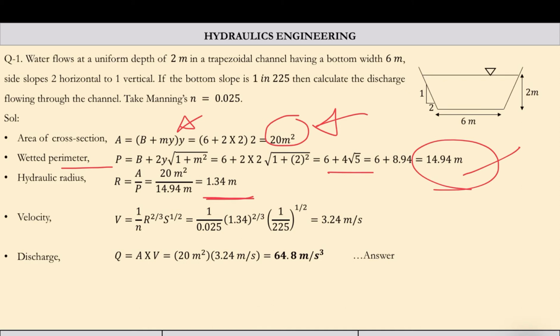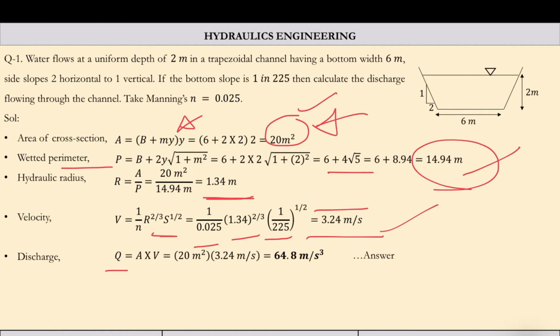In the expression of velocity we can put the values of n, R and S. So n is 0.025, R we have calculated 1.34, S is given as 1 in 225. So the velocity through this channel is coming out to be 3.24 meter per second. So now we are having velocity and the area.